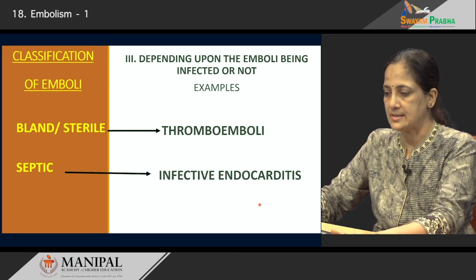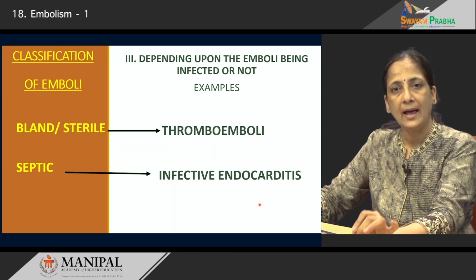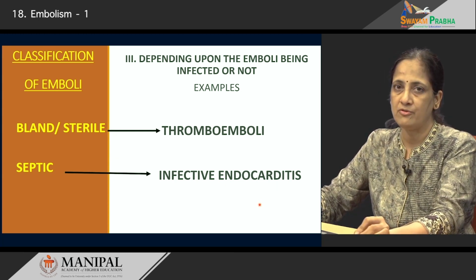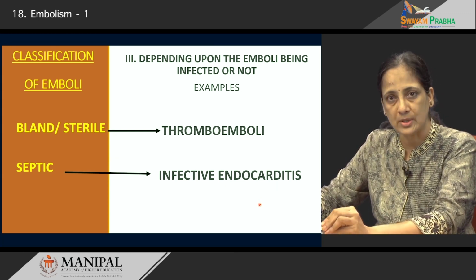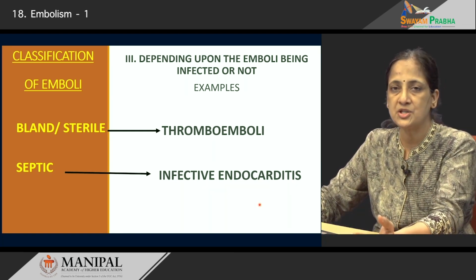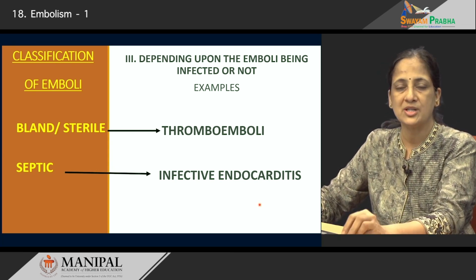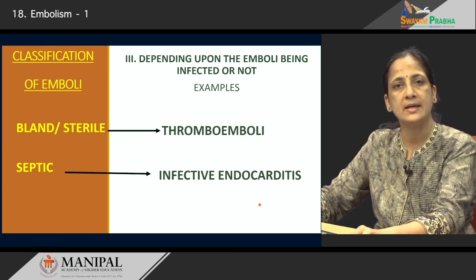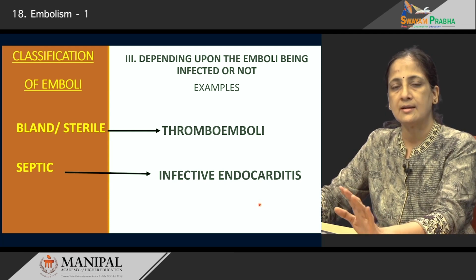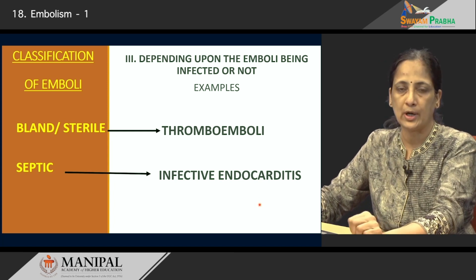In contrast to this, emboli that are derived from vegetations on the heart have numerous bacteria, and therefore, when pieces break off and the embolus goes to a tissue, it can set up a suppurative inflammation in addition to blocking the blood supply. This kind of an embolus which has organisms is called a septic embolism, and infective endocarditis is the classic condition in which we get septic emboli.